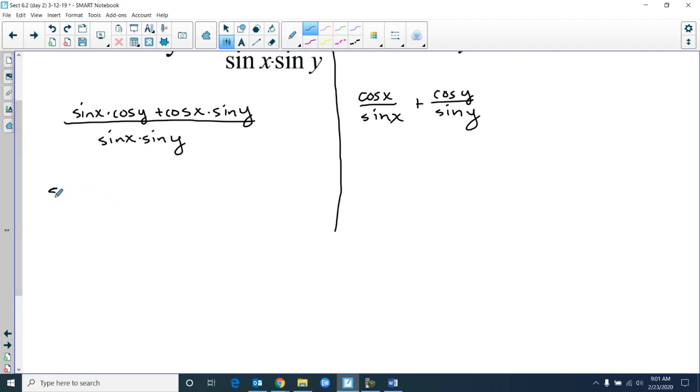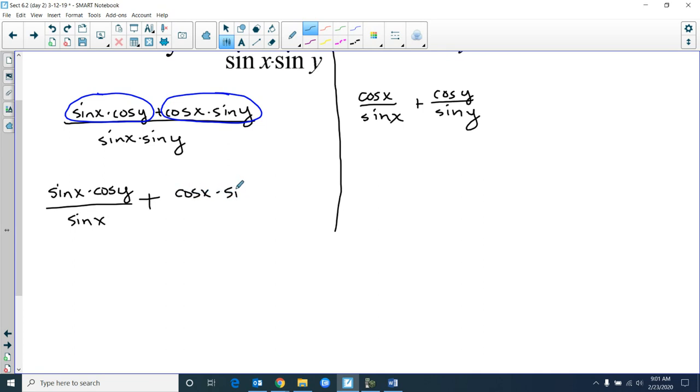When I do that, it gives me sine of x times the cosine of y over sine of x plus, now I can take this term and put it on top of the denominator, cosine of x times sine of y over, whoops, sorry, this should be sine of x times sine of y under that denominator.